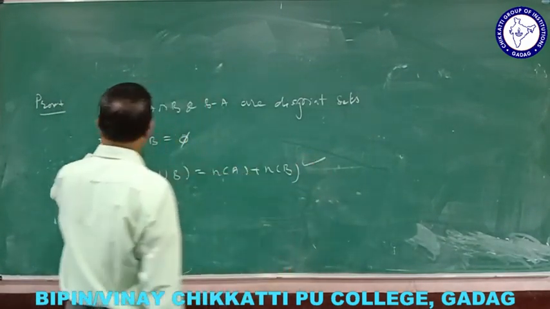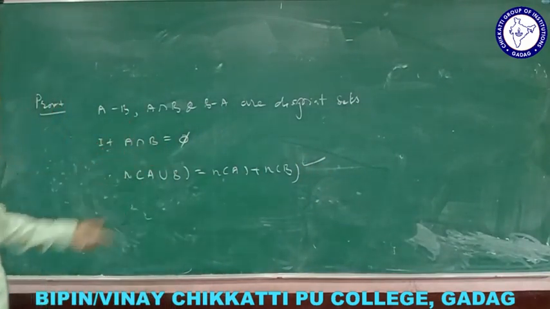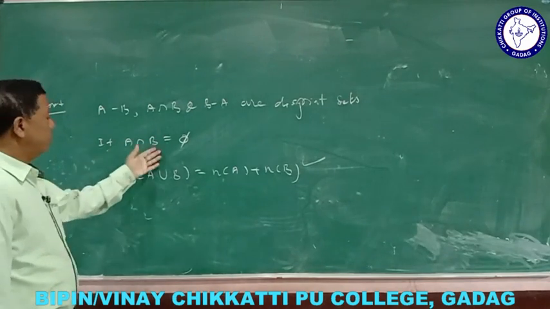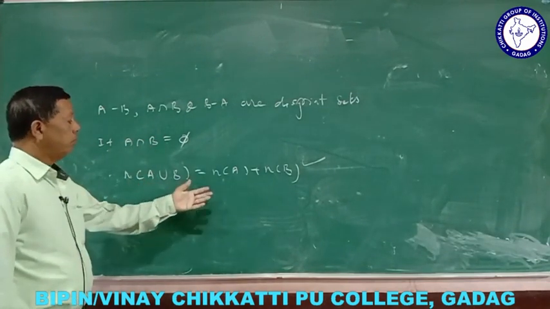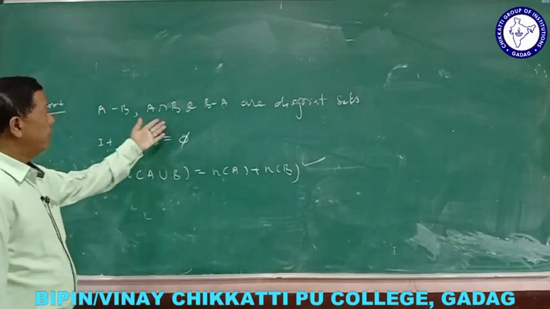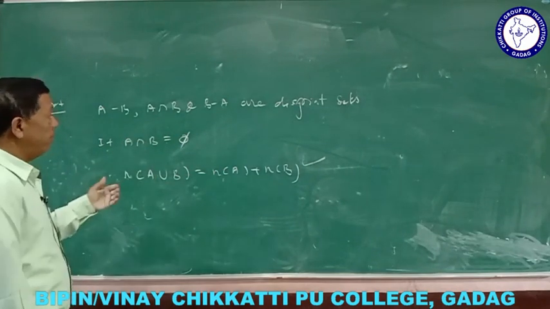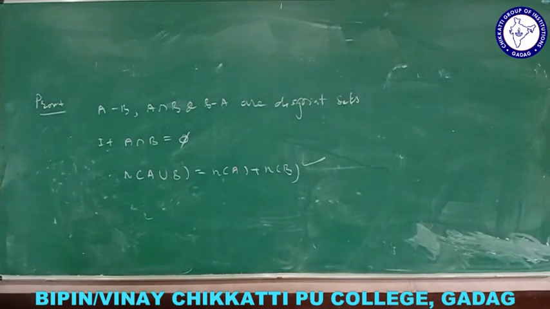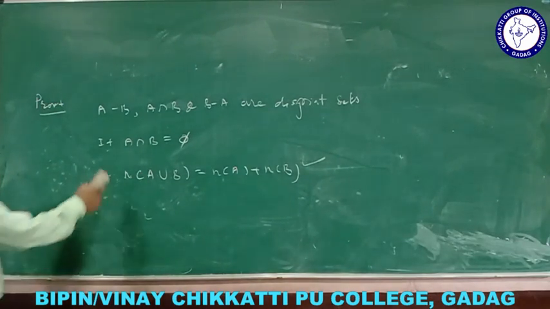Once again, A minus B, A intersection B, B minus A are disjoint. If A intersection B is a null set, you can write n of A, because there are no common elements. Why no common elements? The condition given is that the intersection is a null set. So this is one formula. What is our first formula?